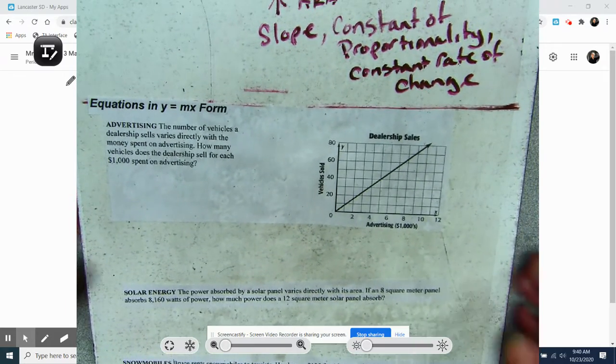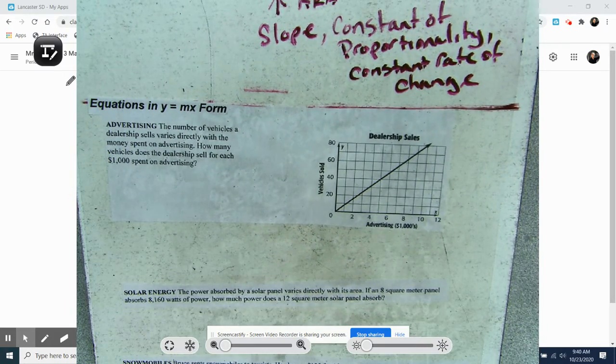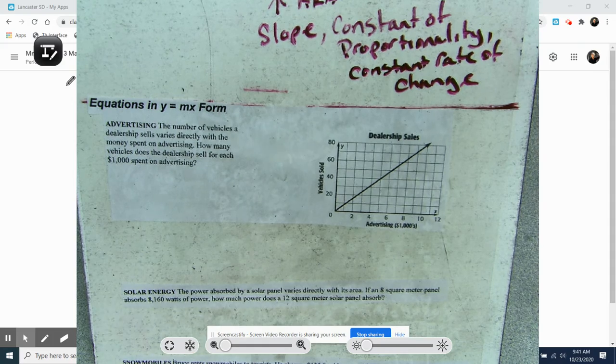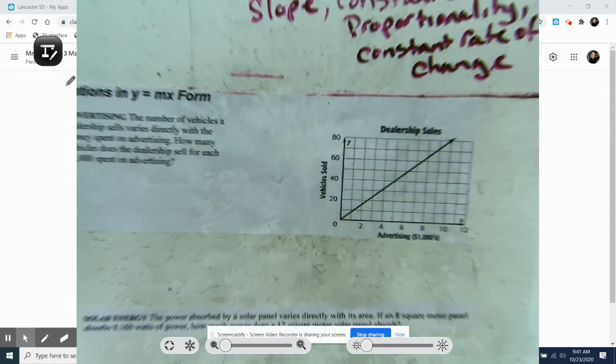So if we were looking at an equation in y equals mx form, say here, we have an advertising problem. The number of vehicles a dealership sells varies directly with the money spent on advertising. How many vehicles does the dealership sell for each $1,000 of advertising? Well, I'll make this bigger so you can see.